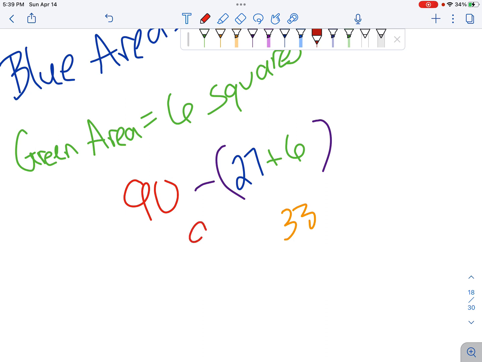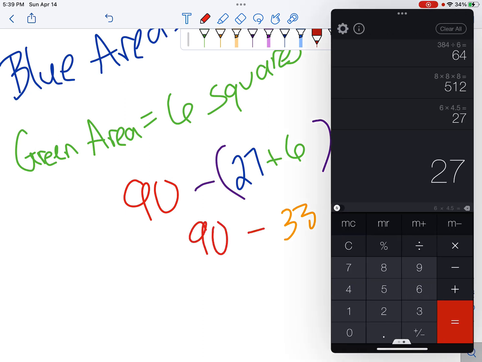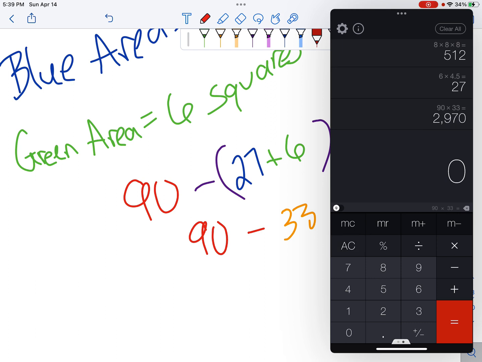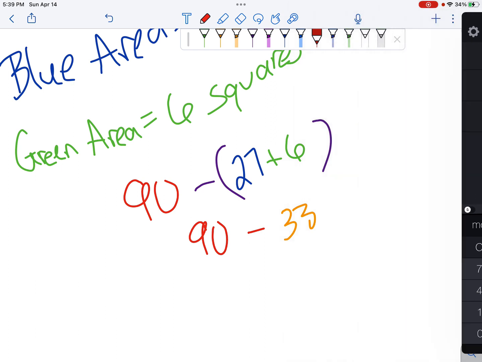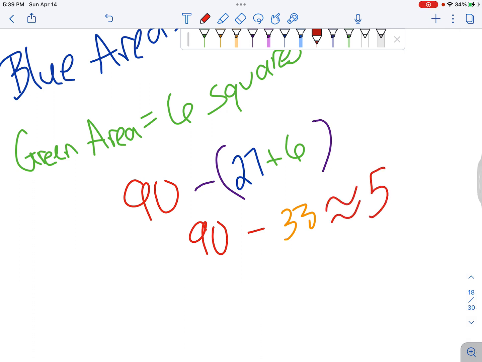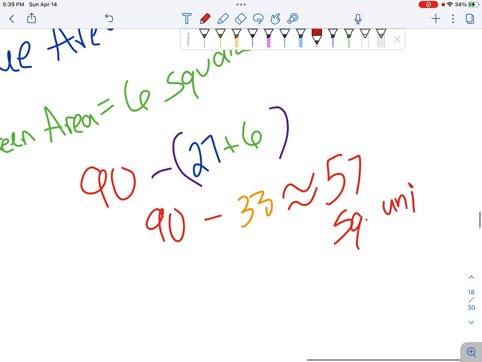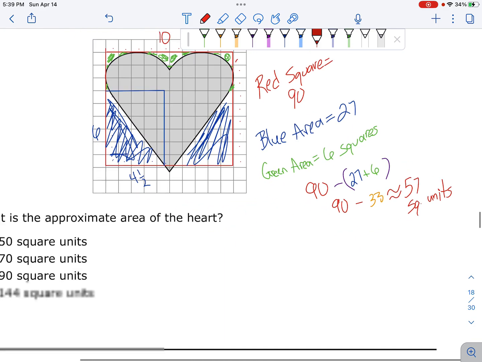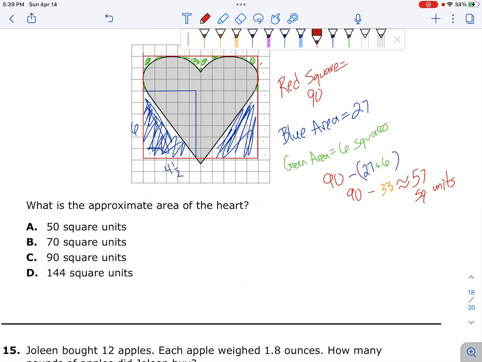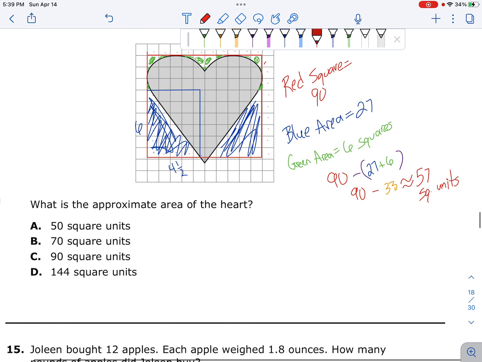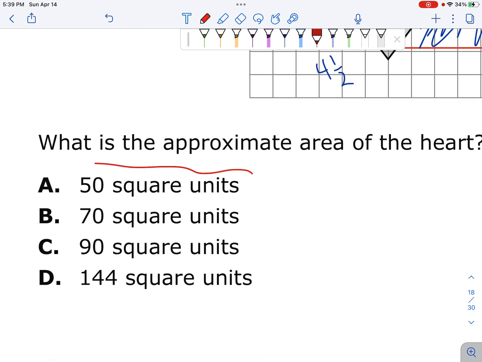So this is 90 take away 33. 90 minus 33 is 57. So my estimate is about 57 square units. Looking at these options for the approximate area, I would say 50. It's the closest. 50 square units.